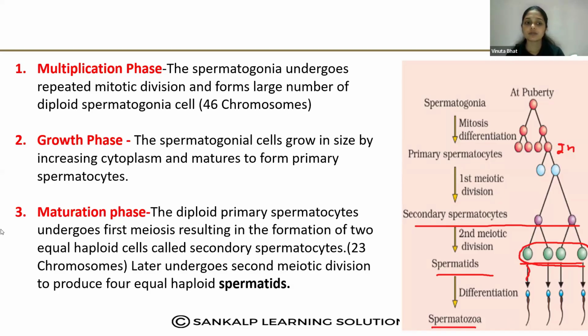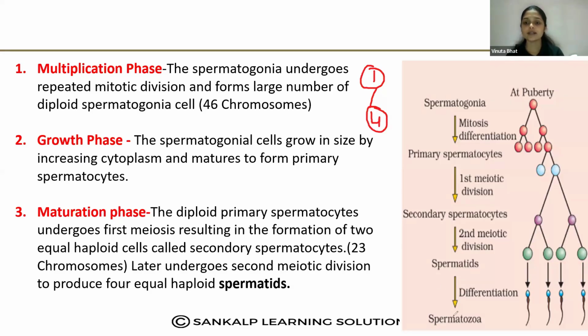So one diploid spermatogonial cell forms four haploid spermatozoa, or four haploid sperms. This is the process of spermatogenesis.